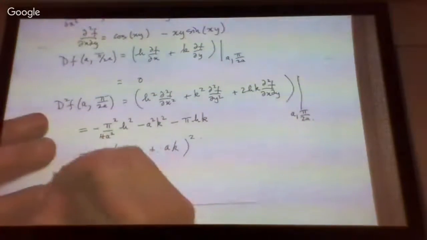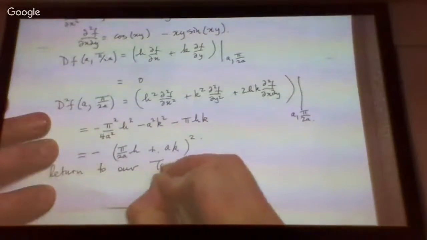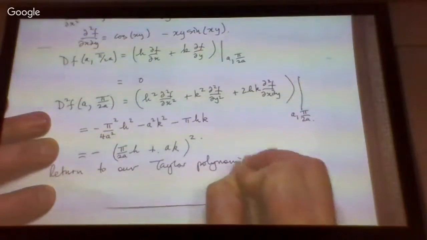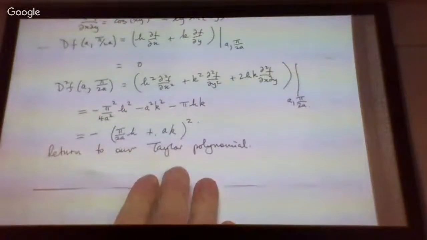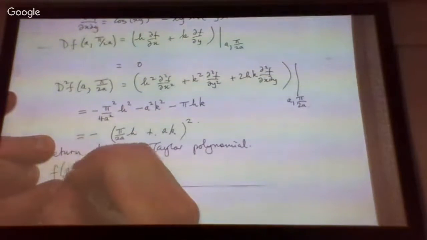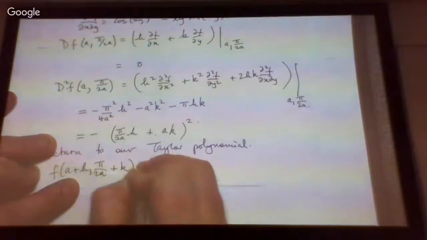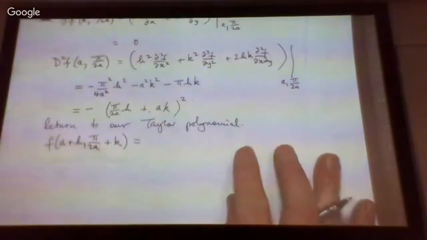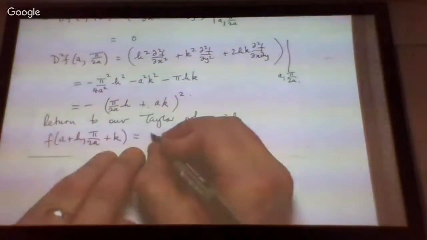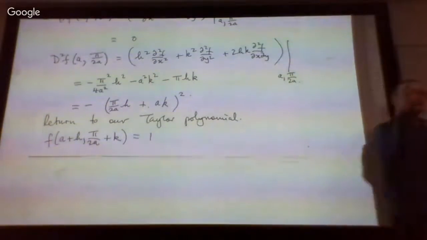So we can now return to the Taylor series. Return to our Taylor polynomial, let's call it. It's not the series. So this is the one we set out further up the page. So this is f at a plus h, pi over 2a plus k. So we now put our nice version of this. First of all, was f evaluated at the base point? That we said was 1. And there were no order 1 terms.